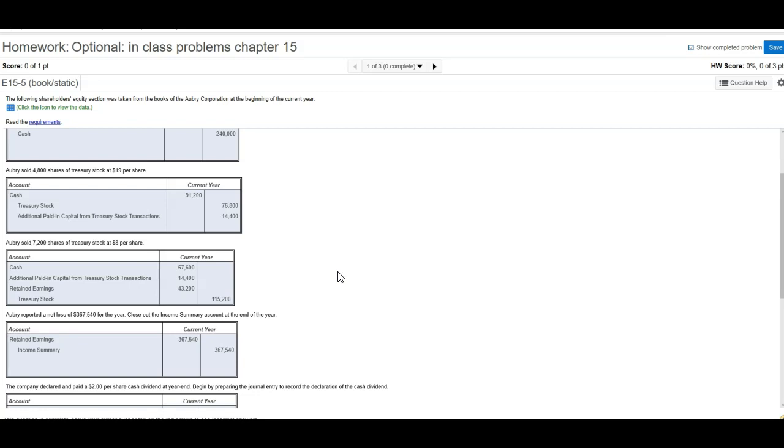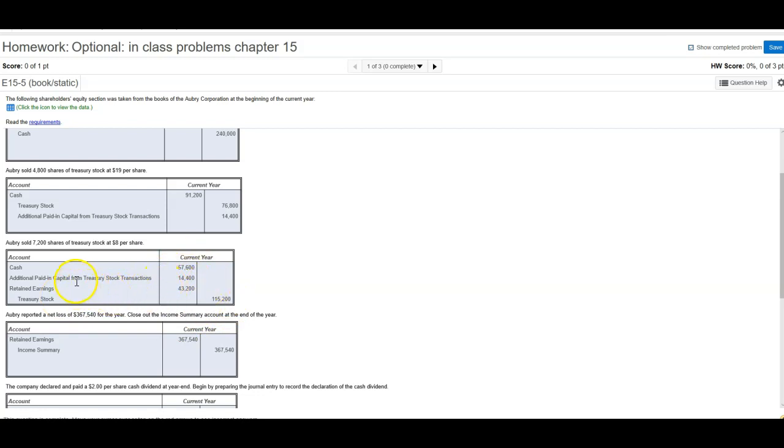The cash that's coming in is simply the 7,200 times the $8 per share. The Treasury stock that's going out, that's being reduced, is the $16 per share times the 7,200. Now, in order to make the debits equal credits, we have to figure out how to account for these other items.